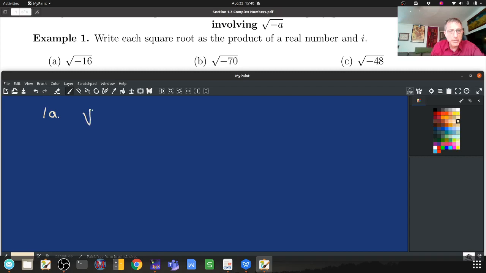So the square root of minus 16. By our above rule, that's i times the square root of 16. But the square root of 16 is 4. Because remember, we're talking about the principal square root. And we write it not i times 4, although that's technically correct. We write it as 4 times i.